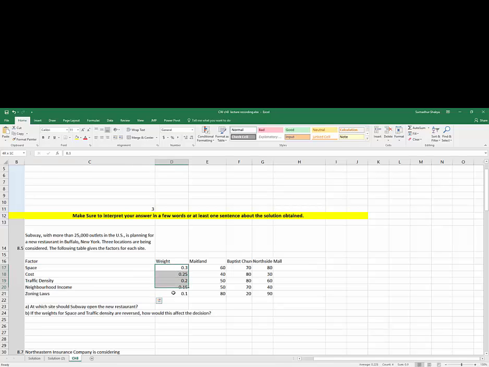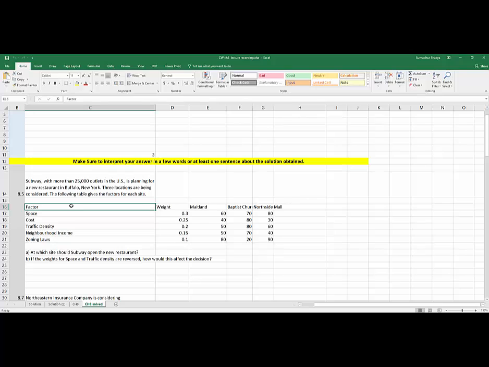Based on the importance of all these characteristics, there is a score for each location for the respective categories. Our job is to find out which location is the best given the importance of the categories and the score of each individual location. Okay, let's see how this can be easily done.